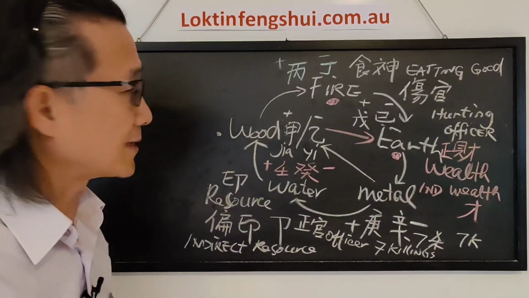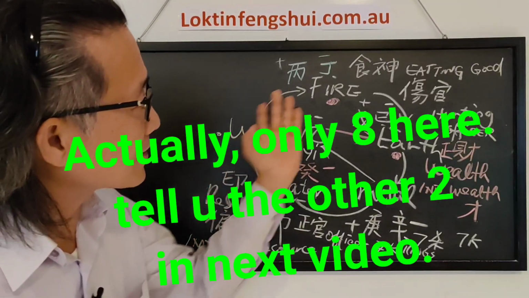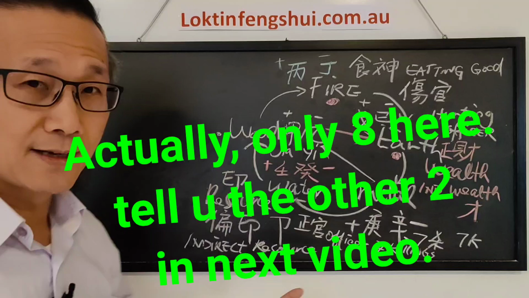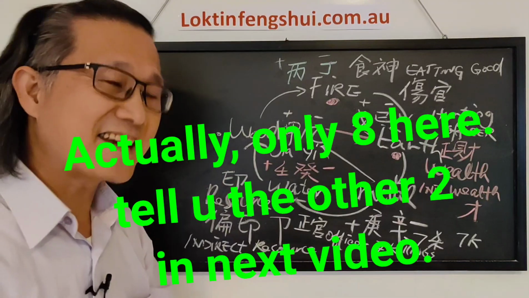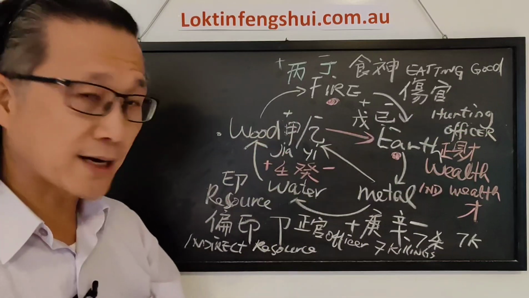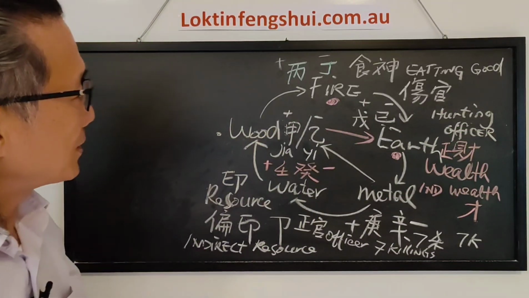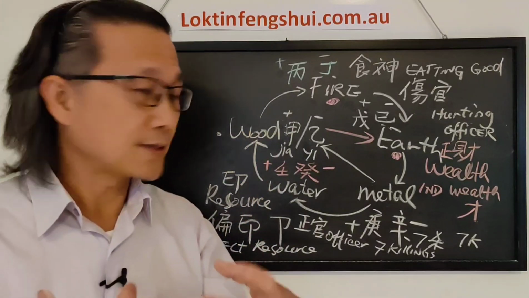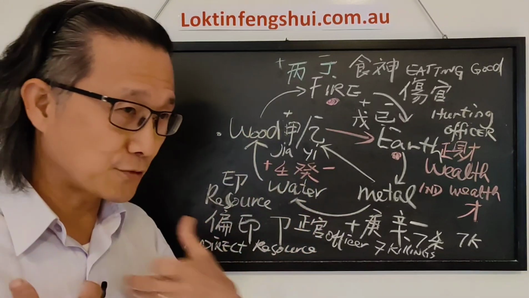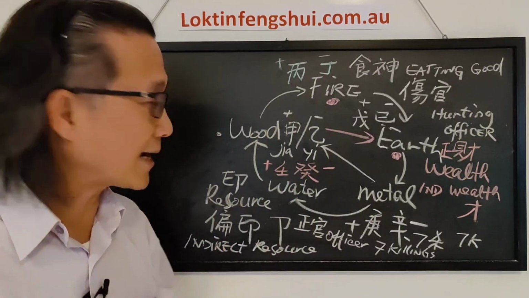It depends on the yin and yang. So once we have these 10 gods with yin and yang, or 5 gods without yin and yang, then we can look at the relationships. For example, what produces us? What gives birth to us is the mother.